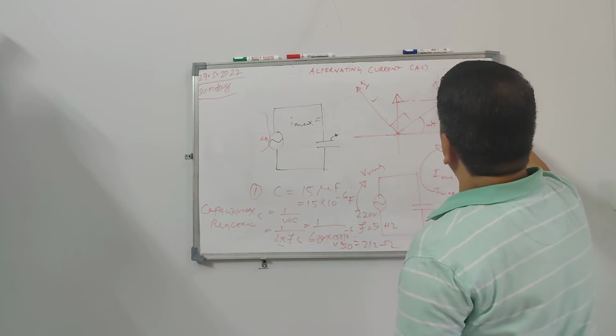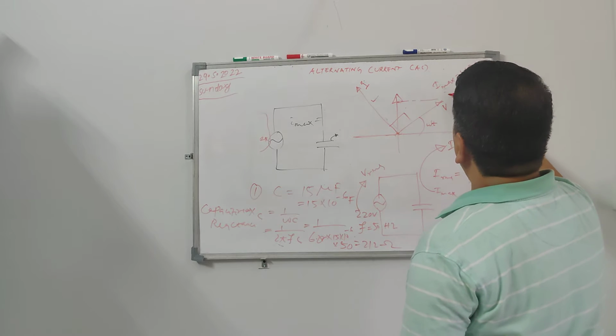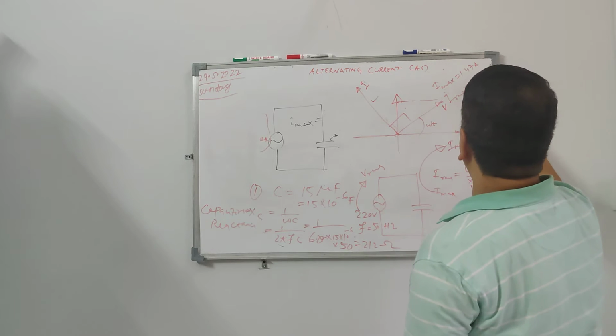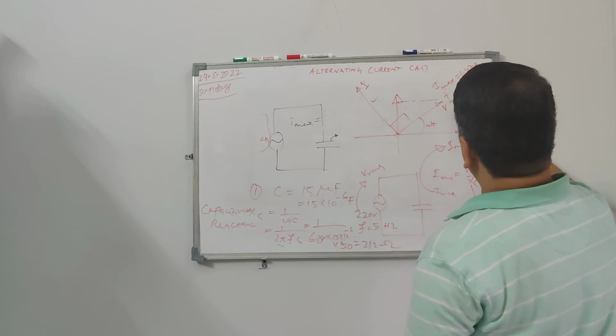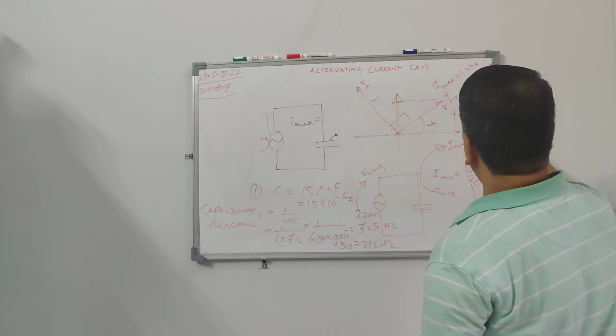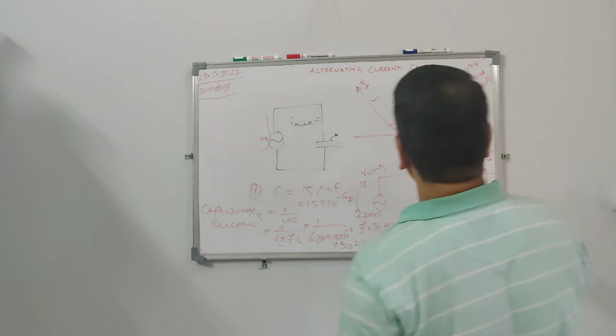So your I max is 1.47 ampere, I RMS is 1.04 ampere, and your capacitive reactance XC is equal to 1 by 2 pi f C, which is 212 ohm. So these are your answers.